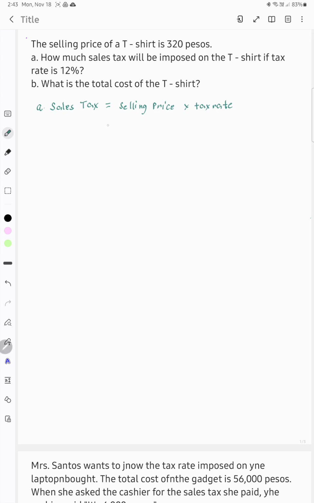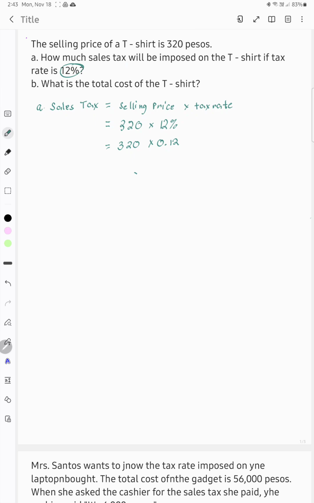Now, we want to find the sales tax. Selling price is 320 pesos, multiplied by the tax rate, which is 12%. Remember, if you're using percent, you will work that out as a decimal, so times 0.12.